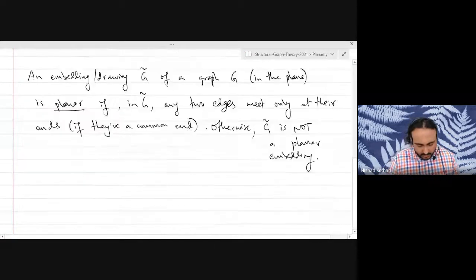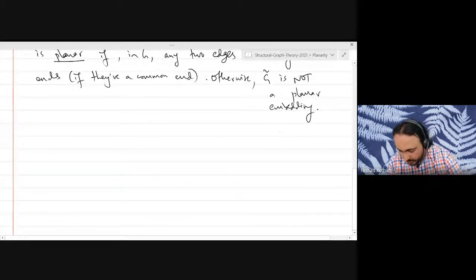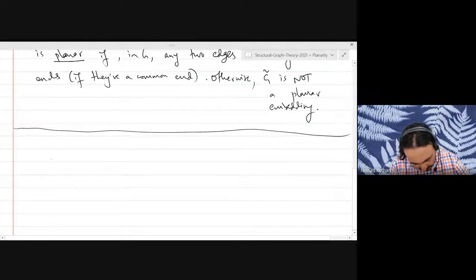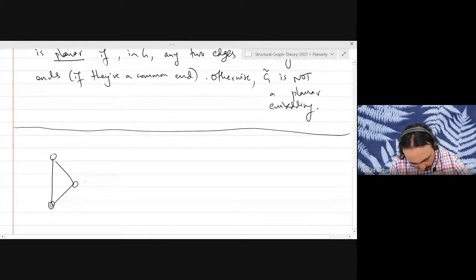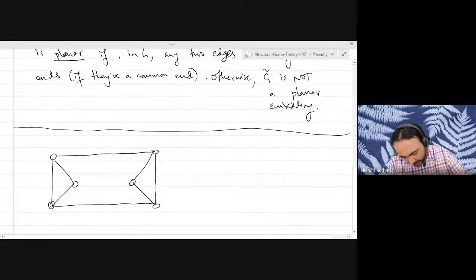All right, let's consider another one or two examples. For example, here is a graph with two planar embeddings that look different.